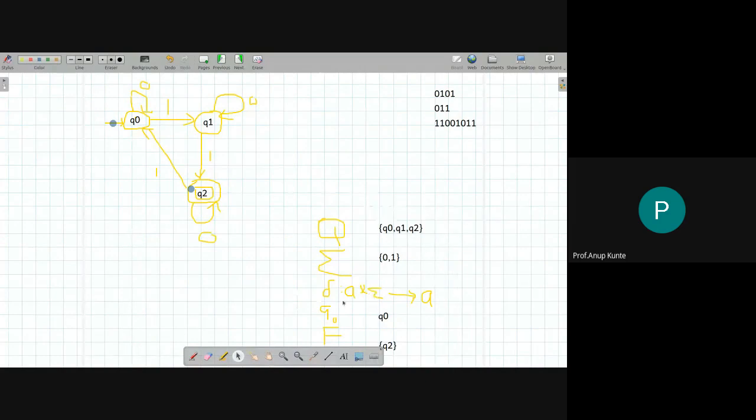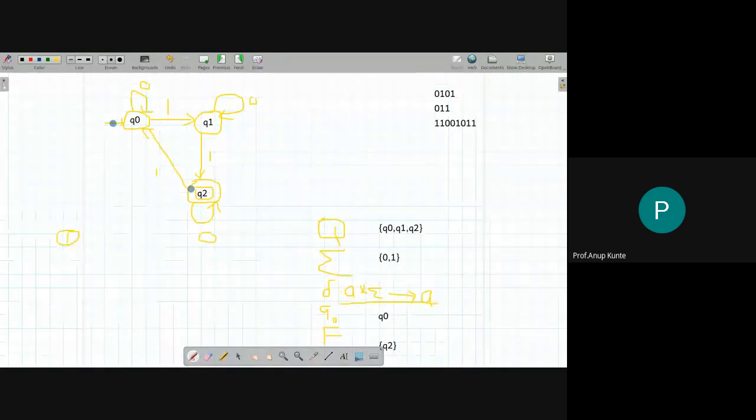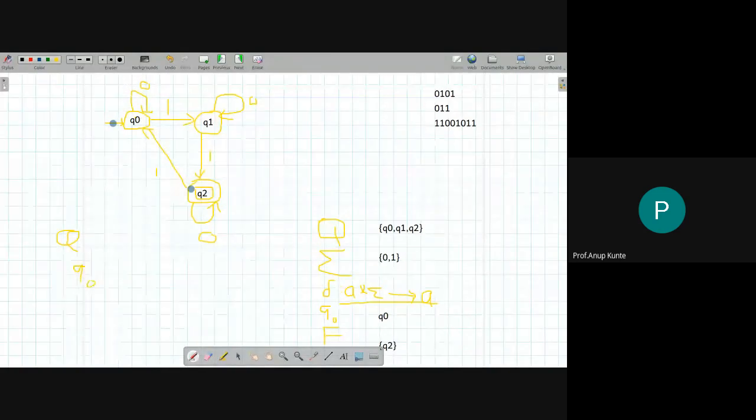Now, what is this model? This is called the transition model, and the transition model is determined using this transition diagram. So I have how many states? Three states, Q0, Q1, and Q2.